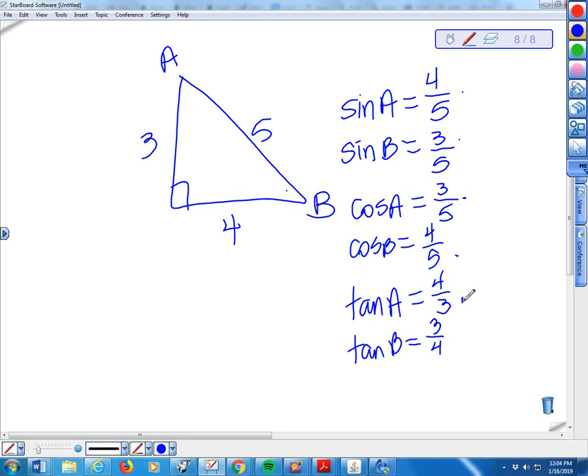They both have the hypotenuse in the denominator, and the hypotenuse is always the longest side of a right triangle, right? So if I have the longest side in the denominator, I could never have a longer side in the numerator to make it greater than 1. It's always going to be smaller in the numerator than it is the denominator. So it can never be greater than 1. Sine and cosine. If you get sine or cosine greater than 1, you know you've done something wrong. Can't happen. Tangent's possible, not always.